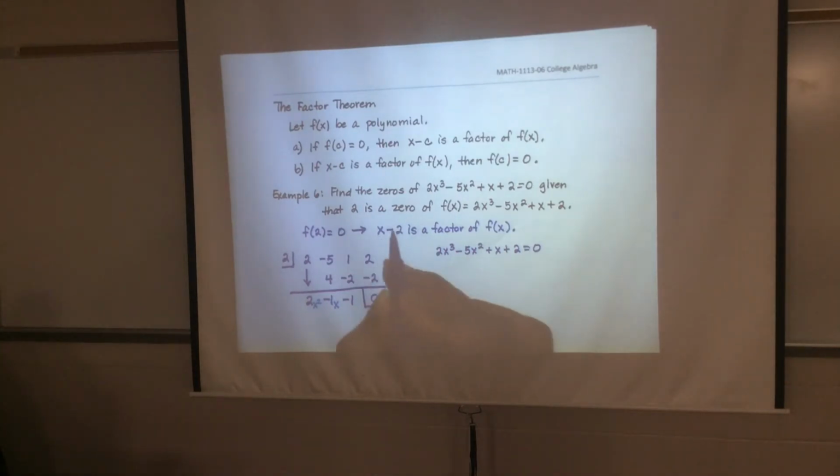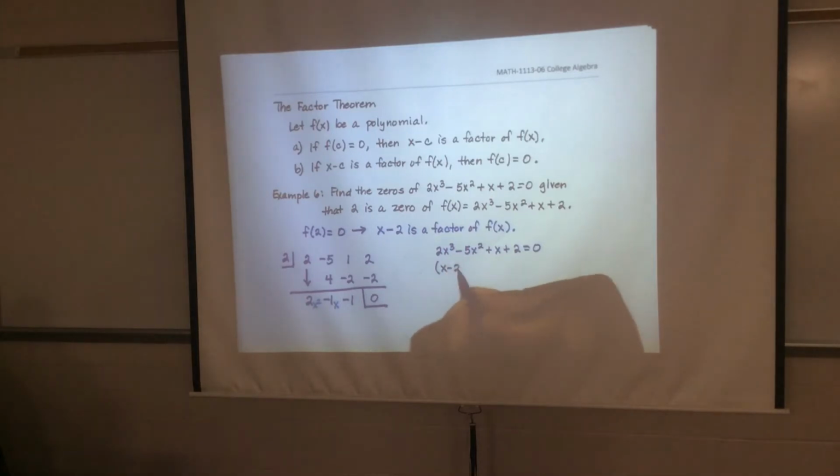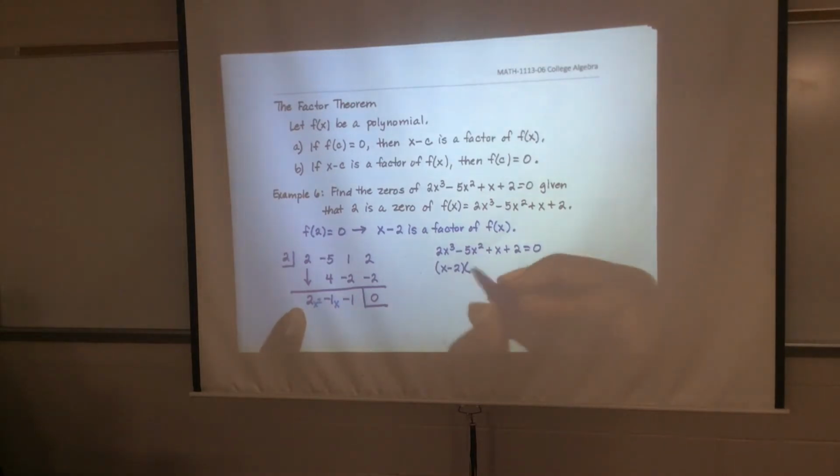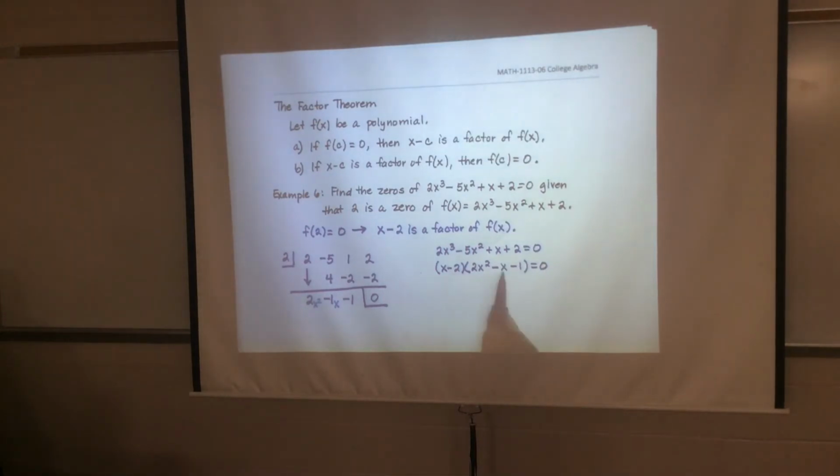That x minus 2 is a factor of the function f of x. So here, I get x minus 2 times the other factor, 2x squared minus 1x minus 1. I'm going to say 2x squared minus x minus 1 equal to 0. If you multiply all of this out, you would get this back.